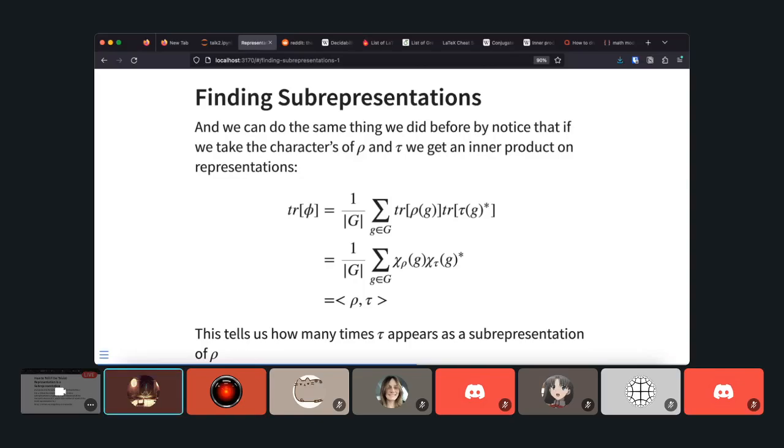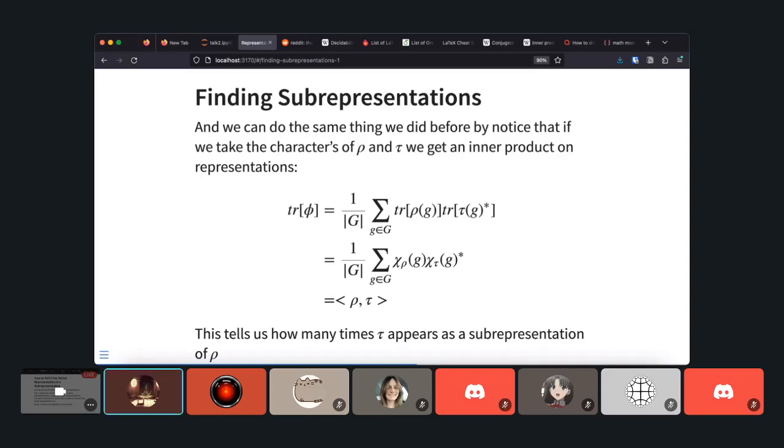Necessarily in that scenario, they'll have a different number of dimensions, and you can't be a subrepresentation if you're bigger and have more dimensions than the other one.